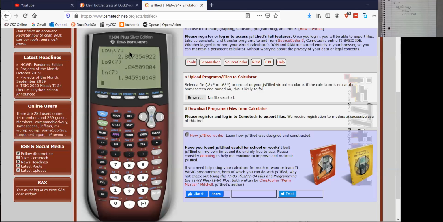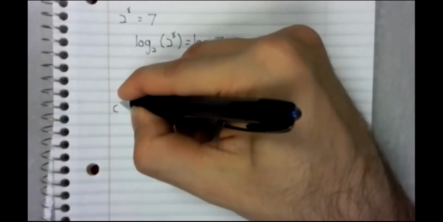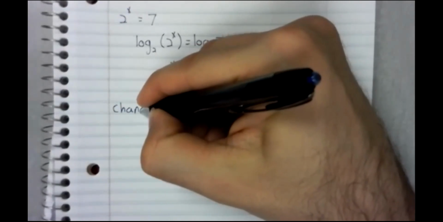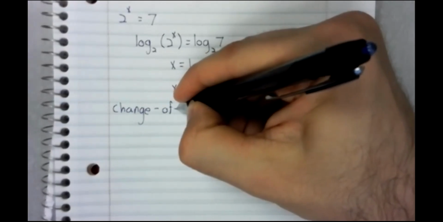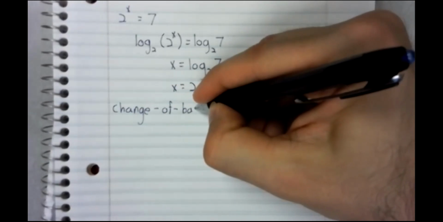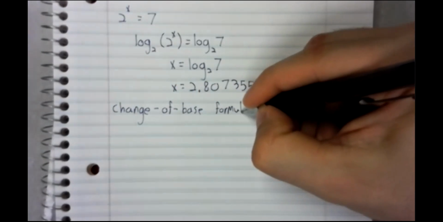And it turns out there's a way, if you know how to take the common logarithm, or the natural logarithm, to use that to find logarithms of any base. And that's the change of base formula.